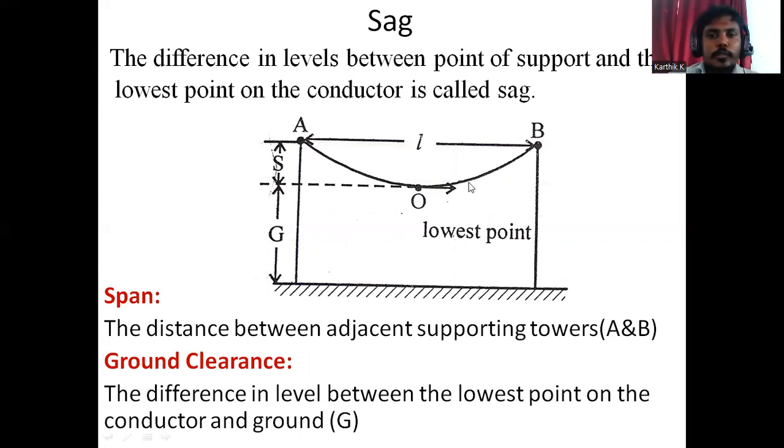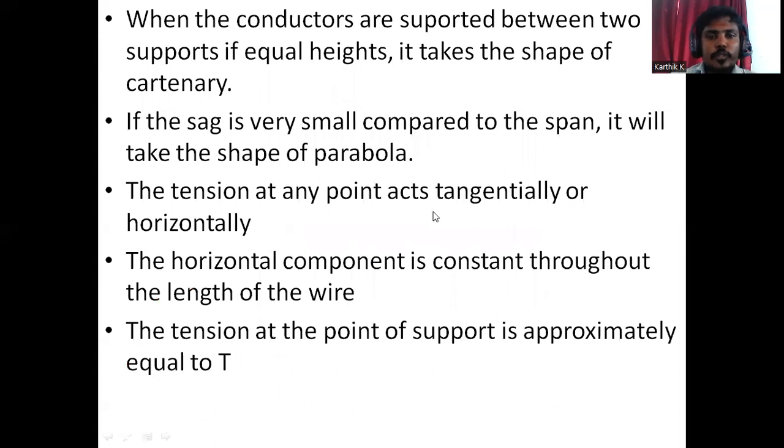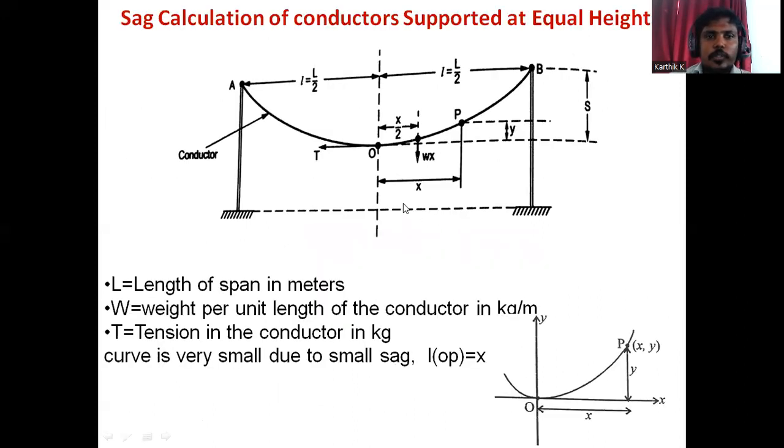With respect to the two cases, we are going to find the forces, the tension at a particular point, assumed either tangentially or horizontally. First we calculate the sag of the conductor for equal height, with respect to tower A and tower B.